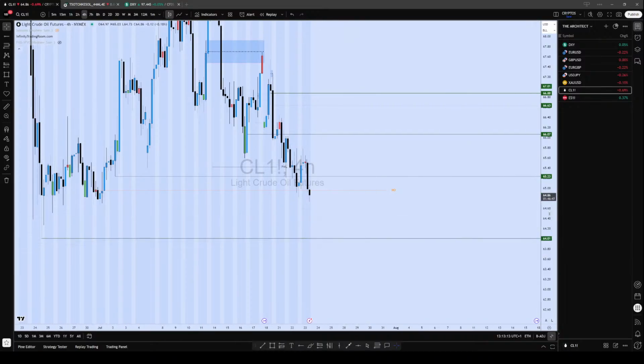But 64.01 is the current draw on liquidity.